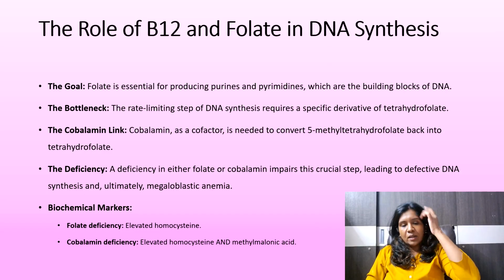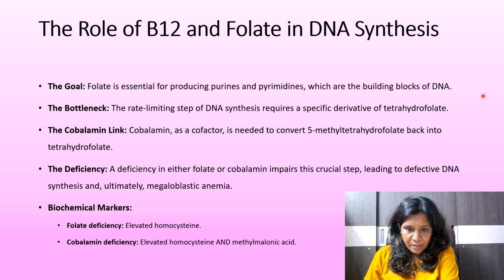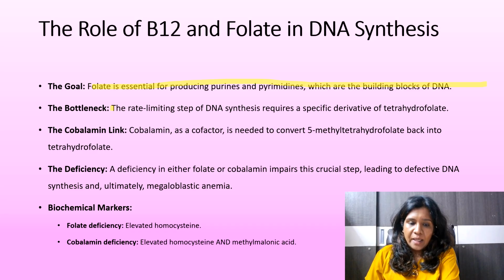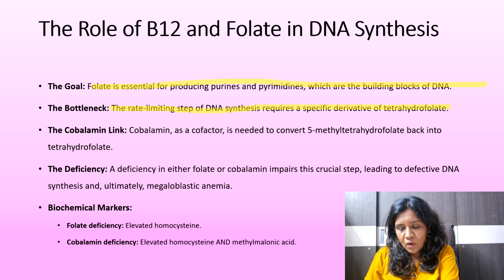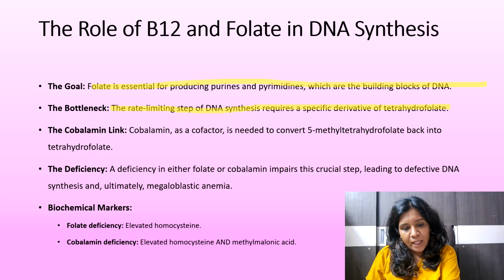So to summarize what we just spoke about in the pathway, folate is essential for producing purines and pyrimidines, which are the building blocks of DNA. First point. Second, where is the bottleneck? The rate limiting step is the specific derivative of tetrahydrofolate and the replenishment of the tetrahydrofolate. Where is the cobalamin link?